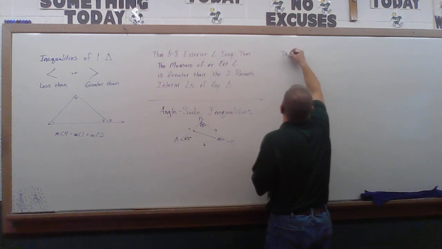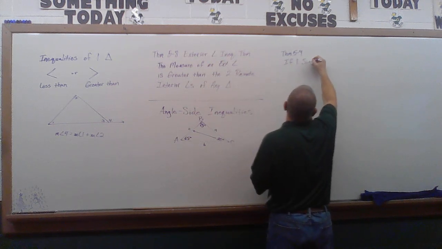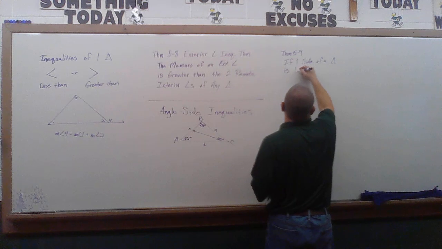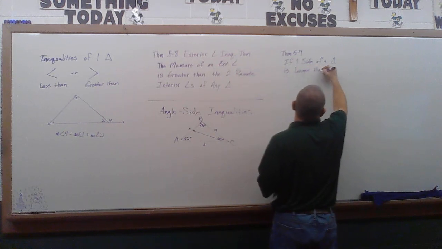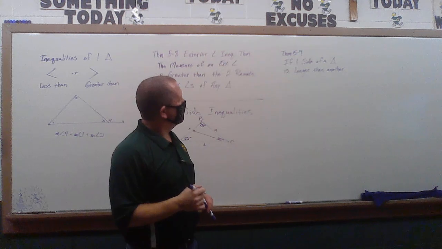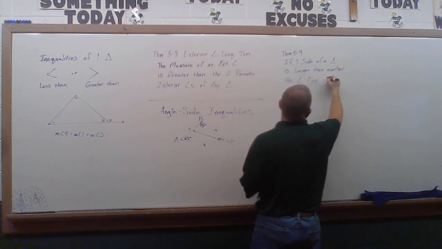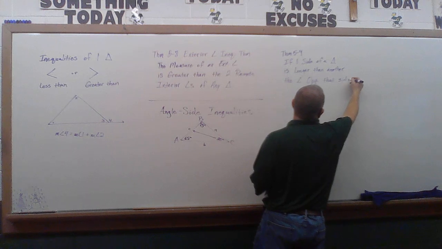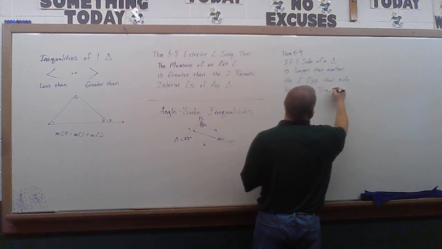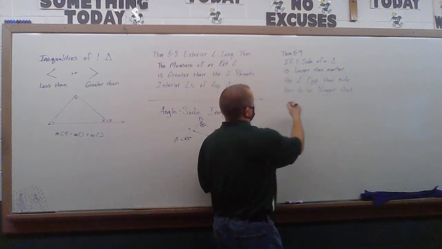So the first one's theorem 5.9. And this one says, if one side of a triangle is longer than another, the angle opposite that side has to be bigger than the angle opposite the shorter side.